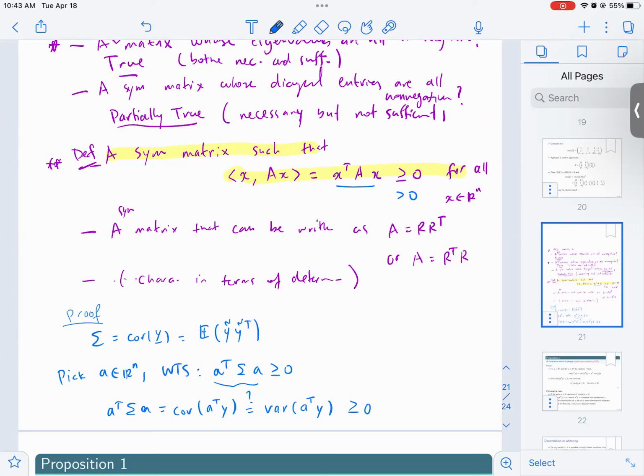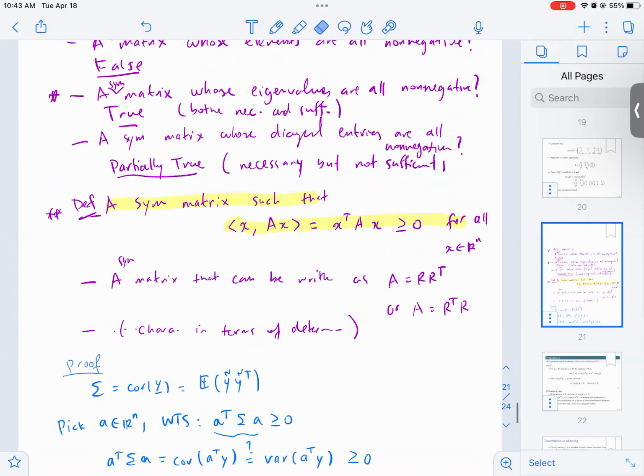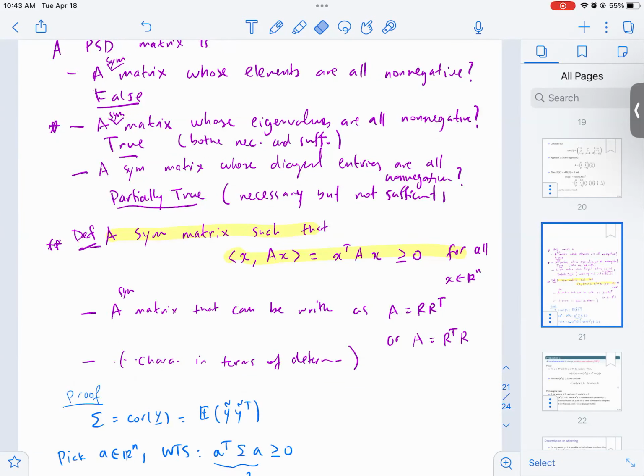If the inequality is strict for all non-zero x, because if x is 0 this is always going to be 0 and we can't change that, then this is a positive definite matrix. You drop the semi. The equivalent characterization is that the eigenvalues are strictly positive.